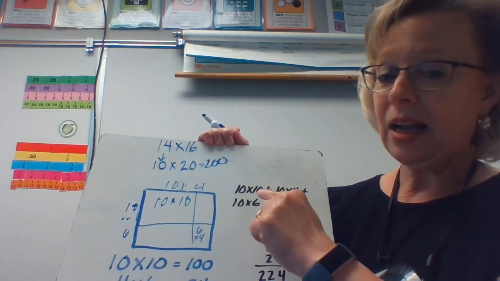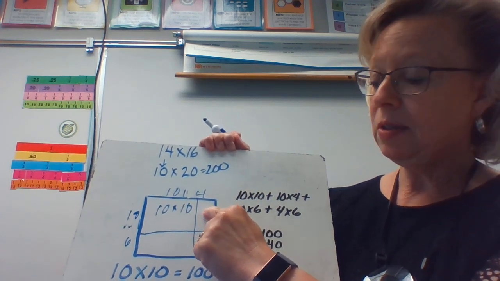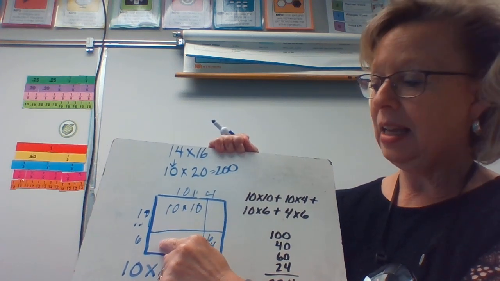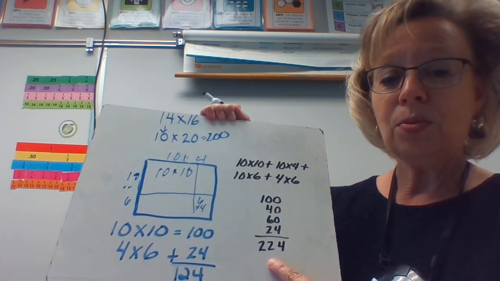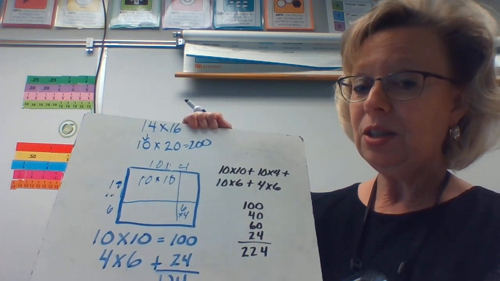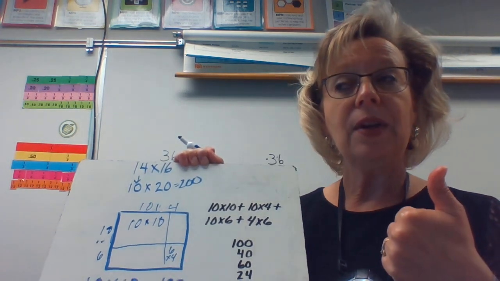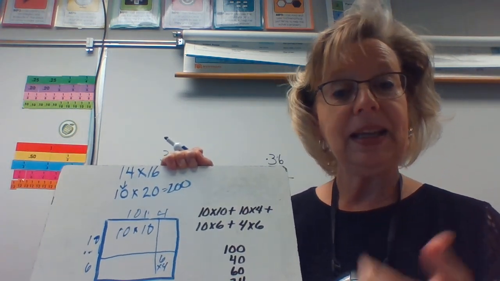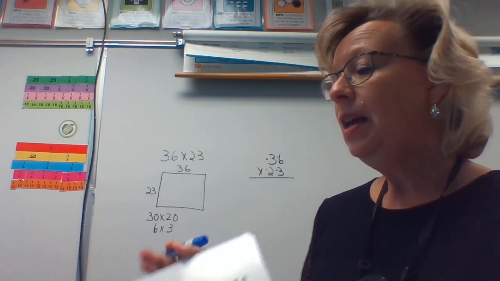If I go back, I should have had 10 times 10, and then 10 times 4, and then 10 times 6, and then 6 times 4. My real answer should have been 224, not 124. So today's work involves estimating and a strategy we call partial products.